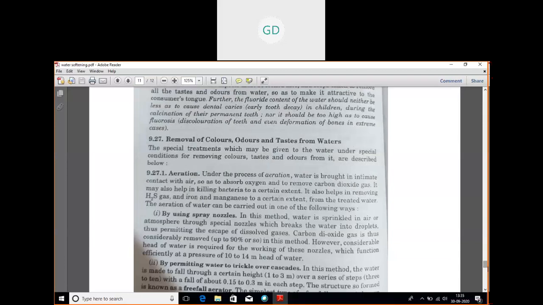The next process is the removal of color, odor and taste. How to remove odor and taste? By treatment with activated carbon.